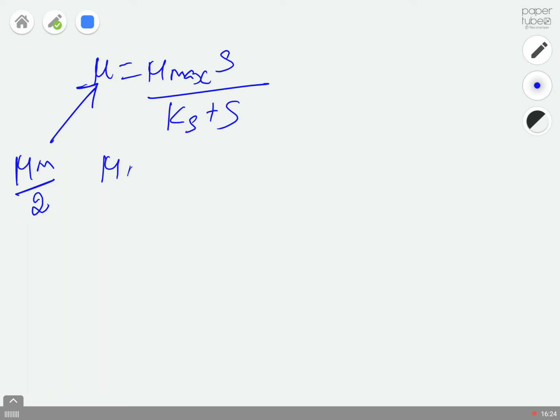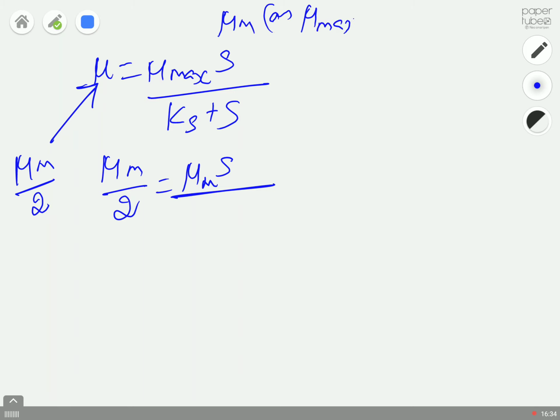You can use mu m or mu max, it's up to you. Both mean maximum specific growth rate.